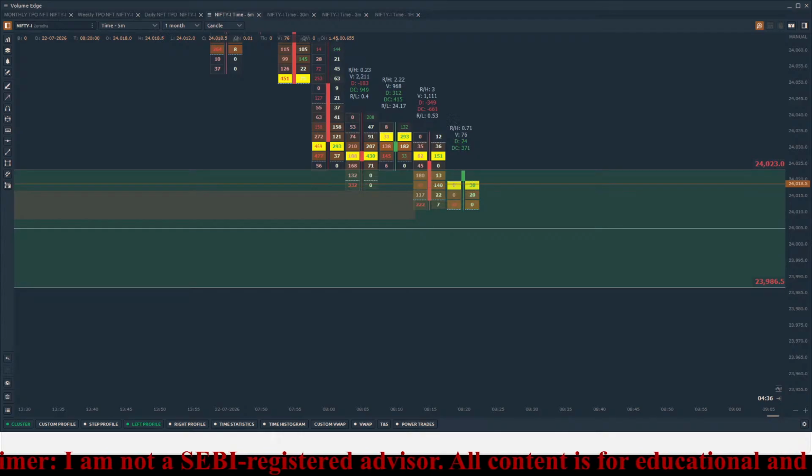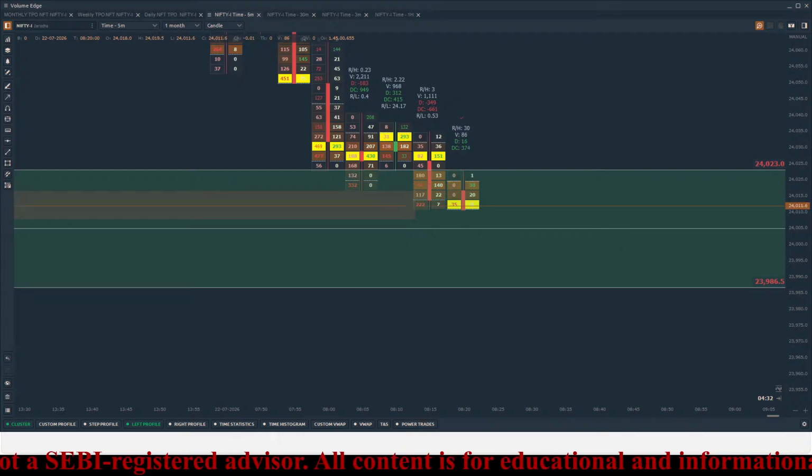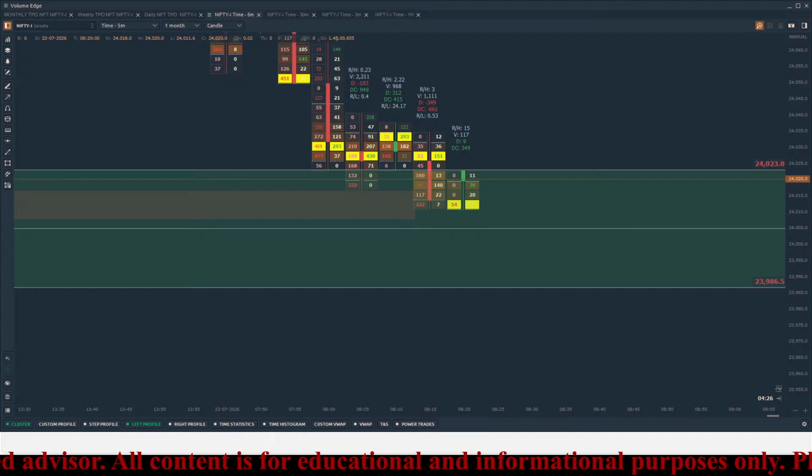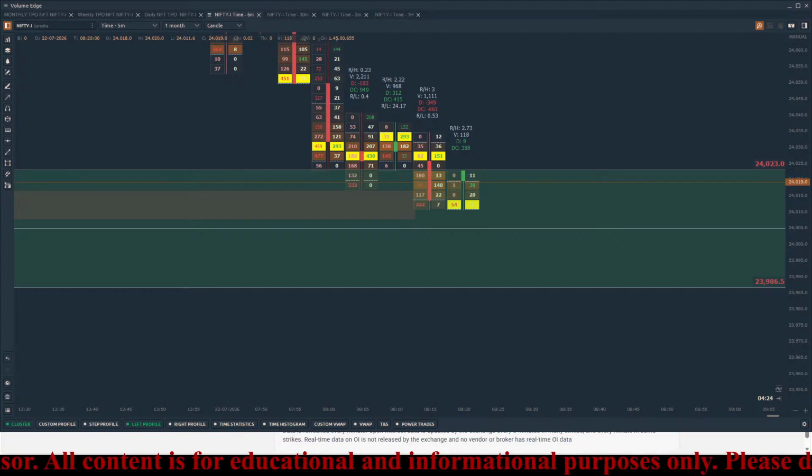So 24,000 put option and call option, it's not so far. 24,000 call options is 94 lakhs and put options is near 1 crore. So how are the people defending? We want to see exactly in the same place.